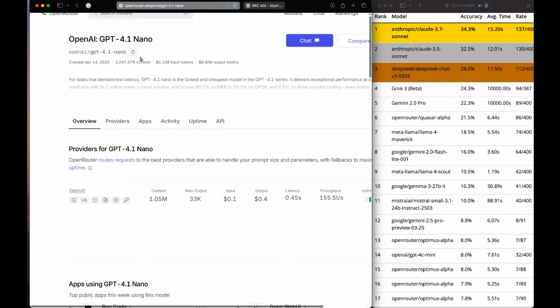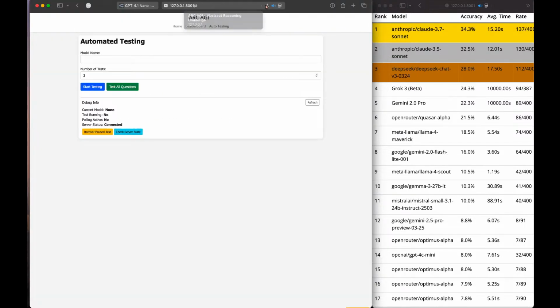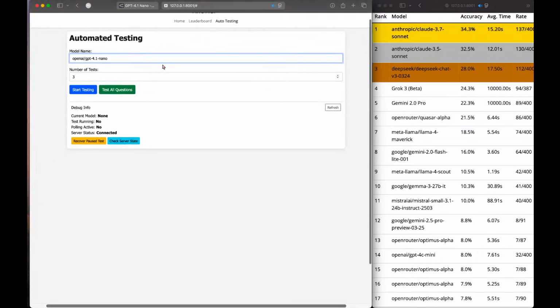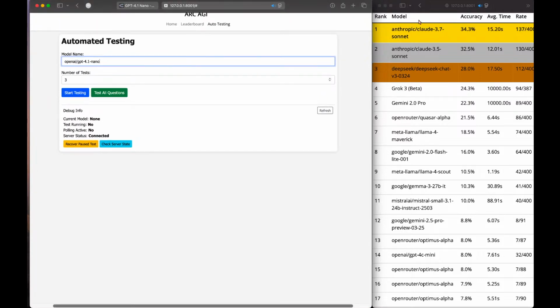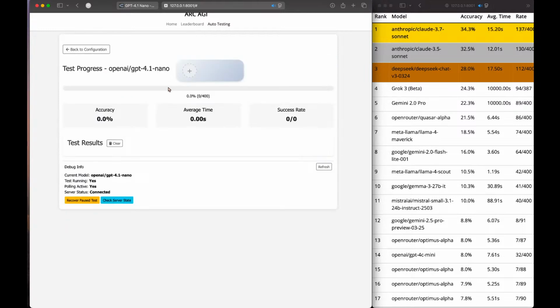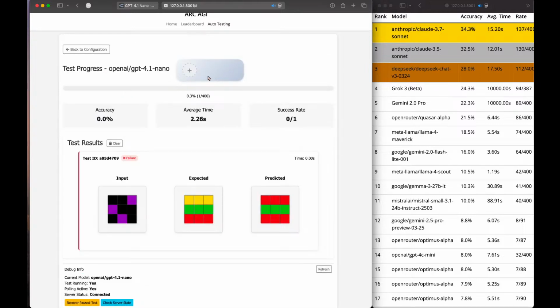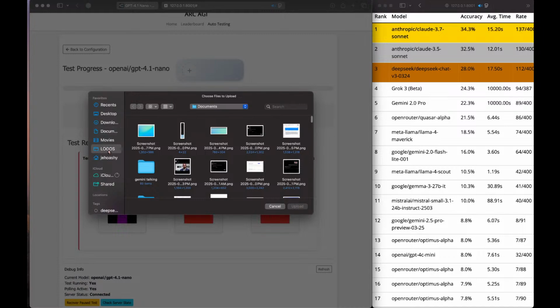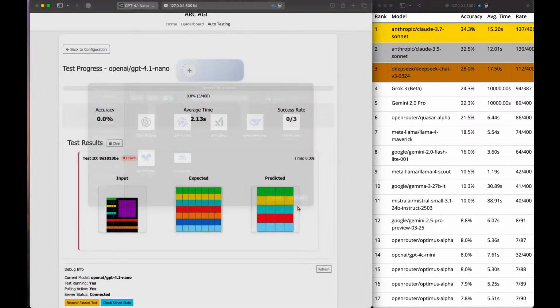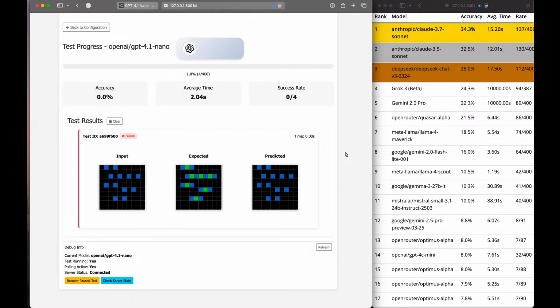So let's copy GPT 4.1 Nano's name and we'll test for all questions. Let's see where it lands on this whole leaderboard. Let's get started. I'll add the image. So let's add OpenAI's image, and that is it. Let's see guys, where does GPT 4.1 Nano land?